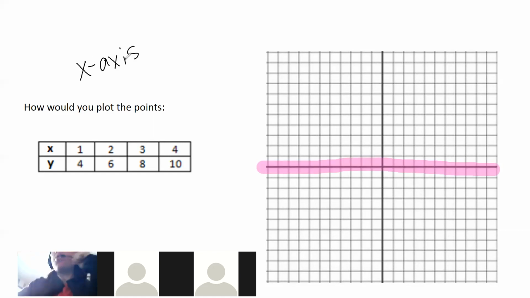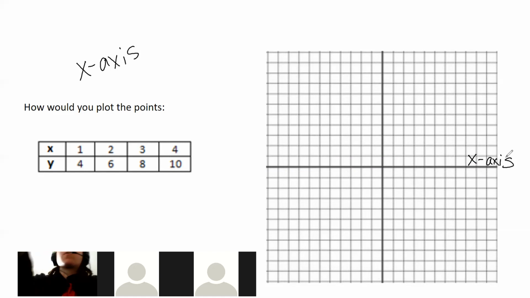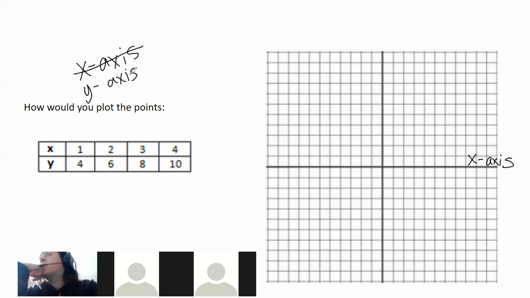Yeah, that is totally the x-axis. Very good. Good, we got that one. So let's label y-axis. Where's the y-axis? And remember, if you don't like type or writing, you can type on the screen. Yeah, that is the y-axis. Good job. Where is the origin?